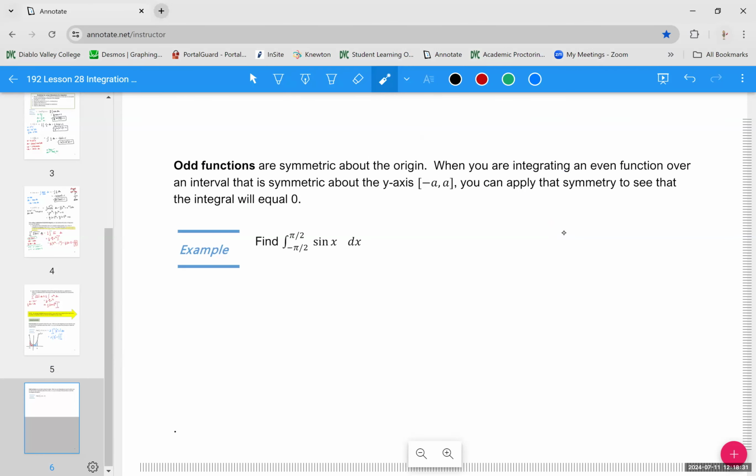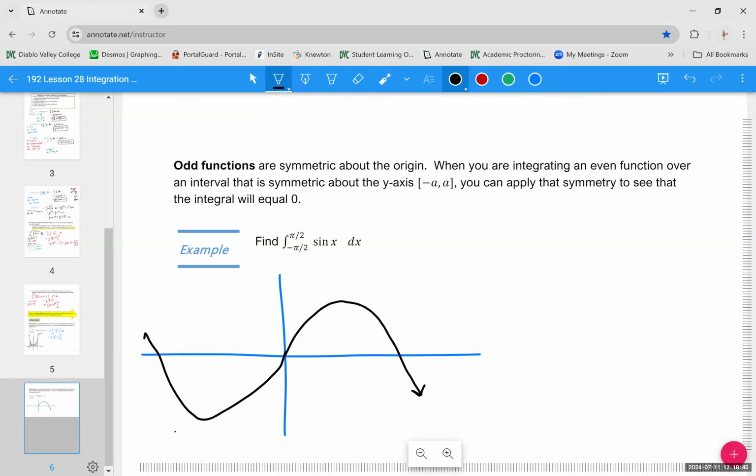Finally, if you have an odd function, odd functions are symmetric about the origin. So again, if you're thinking I have sine x here, okay.